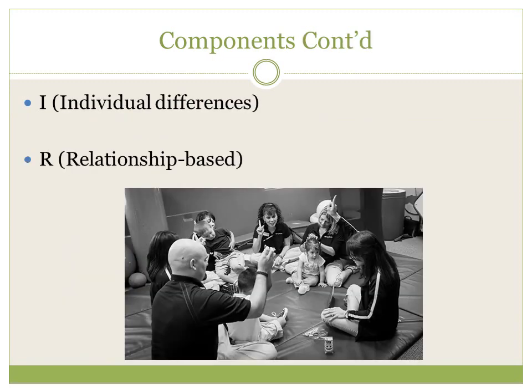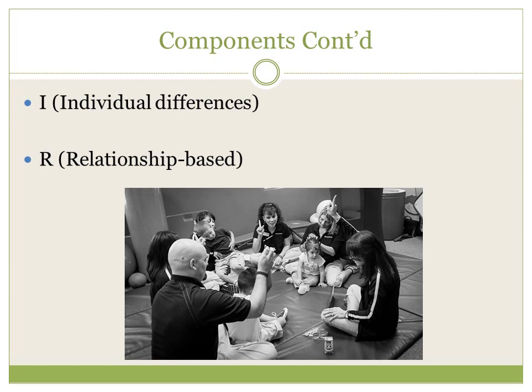The second component is I, individual differences. This refers to the idea that each child has a unique biological way of taking in, regulating, responding to, and understanding sensations around him or her. Connected with this idea is the belief that each child has individual issues or situations that interfere with his or her growth and learning.